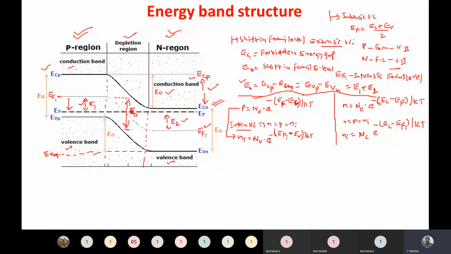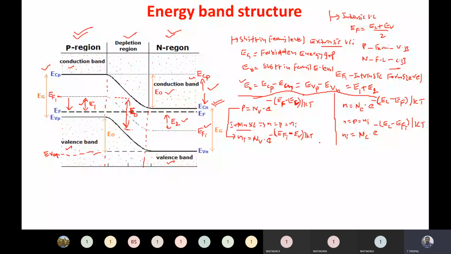Isn't it? So this is what is called the intrinsic Fermi level. Please do remember this point. It is called the intrinsic Fermi level. Okay. So if any doubt, please let me know the doubt here itself. Okay.